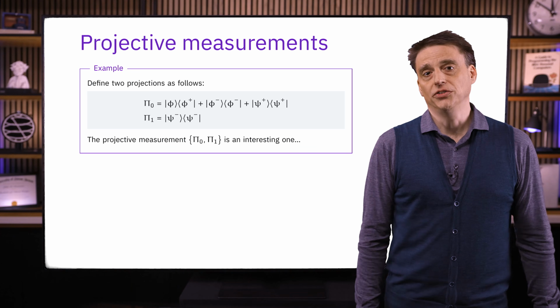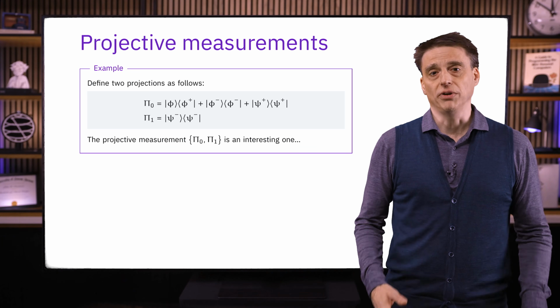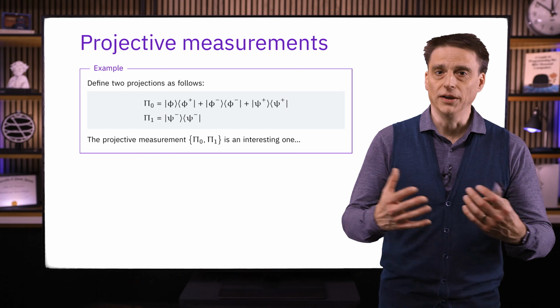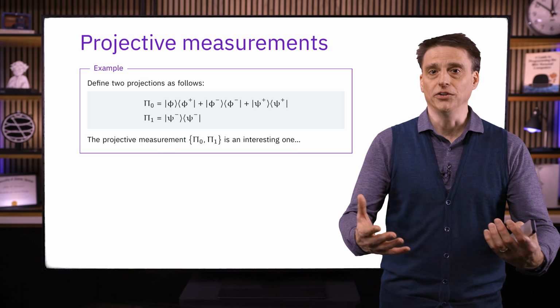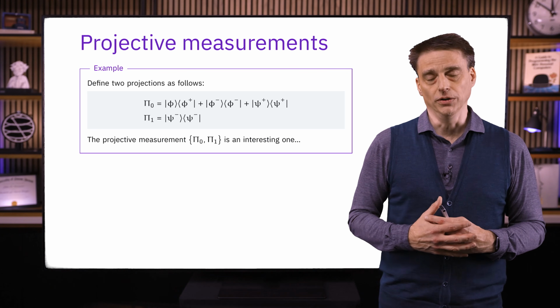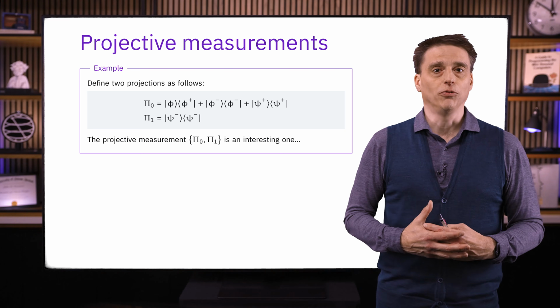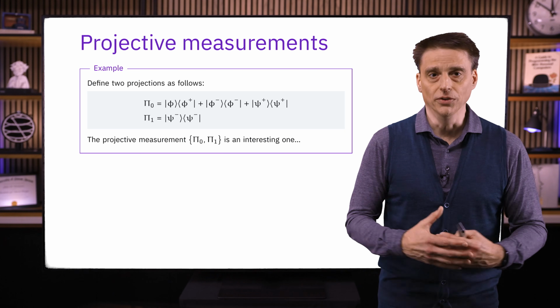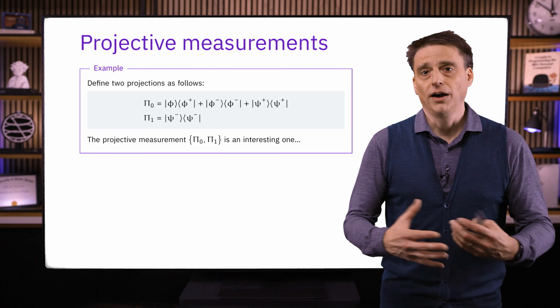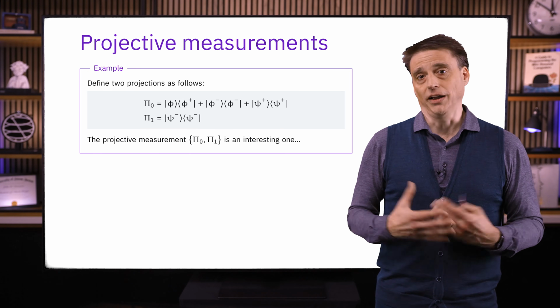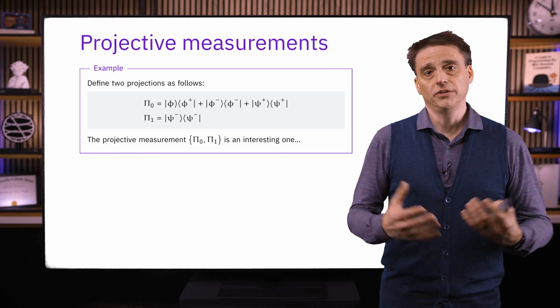The first projection is onto the space spanned by the 3 symmetric Bell states, and the second projection is onto the one-dimensional space spanned by the psi minus state, which is the antisymmetric one, or in other words, the one that gets multiplied by a minus sign if we perform a swap operation on the 2 qubits. We'll see later on in the series why this is an interesting measurement. For now, it's just an example that connects with something that we've seen before, which is the Bell basis.